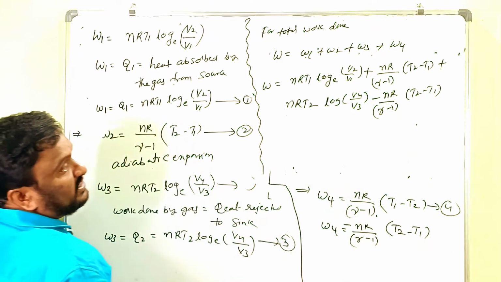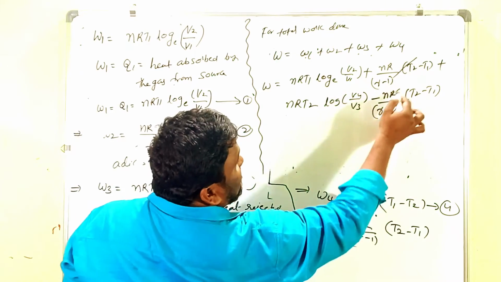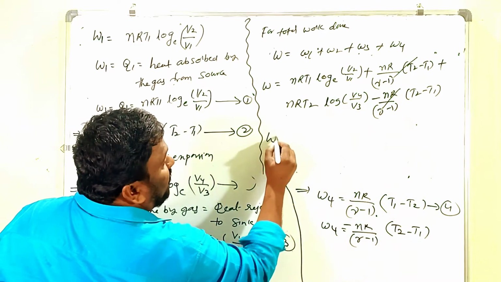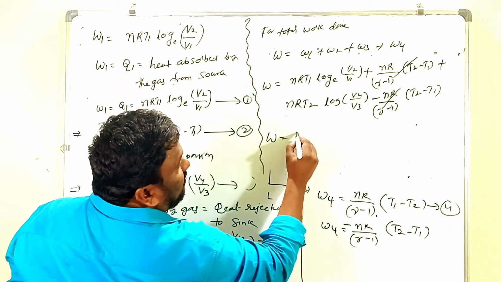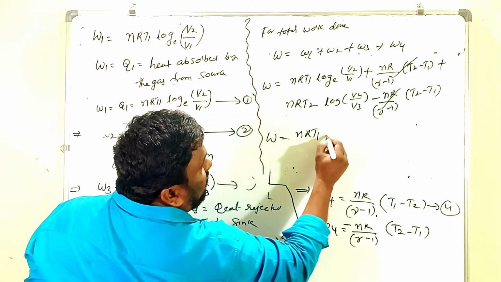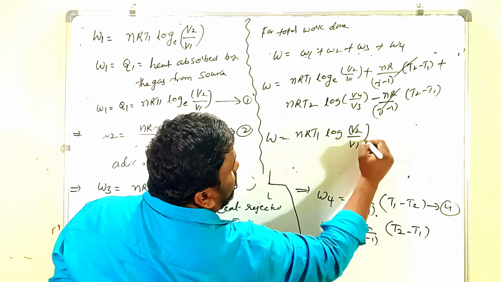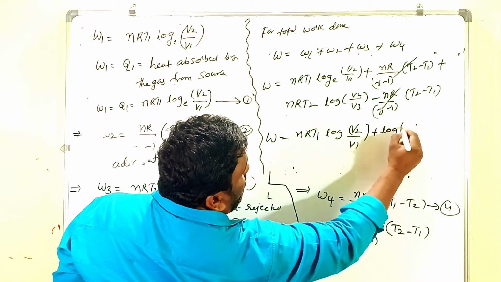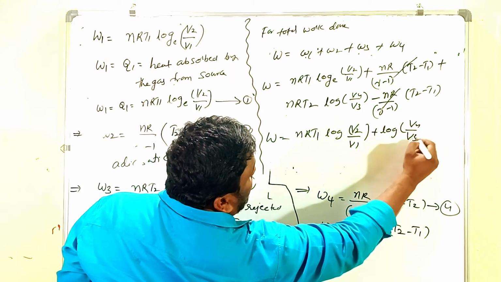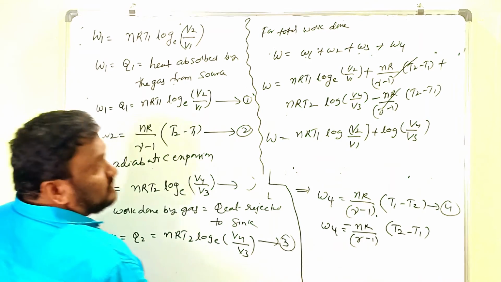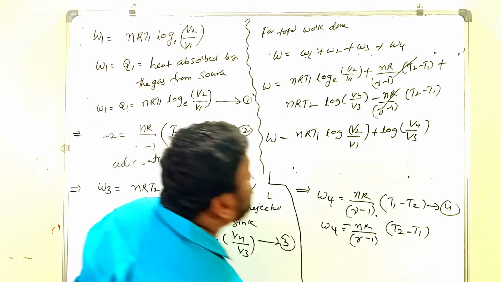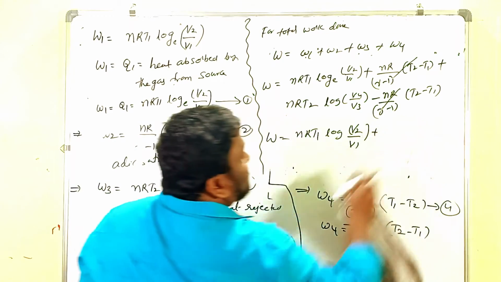Clear? So children, this one is cancelled. Then W equals nRT1 log of V2 by V1 plus nRT2 log of V4 by V3. Okay, once again.